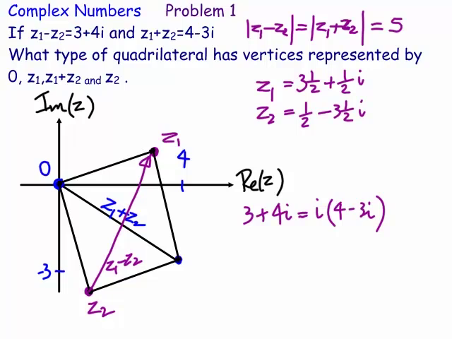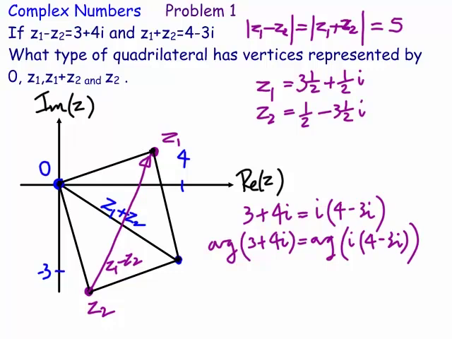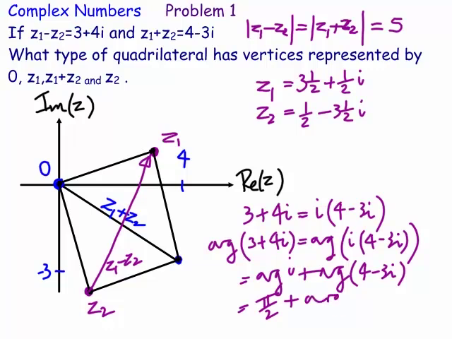So these two are equal: 3 plus 4i equals i lots of 4 minus 3i. If we take the arguments, they should be equal. So the arg of 3 plus 4i should equal the arg of i lots of 4 minus 3i. You might be able to see where this is going now. This is the arg of i plus the arg of 4 minus 3i, which is equal to pi on 2 plus the arg of 4 minus 3i.